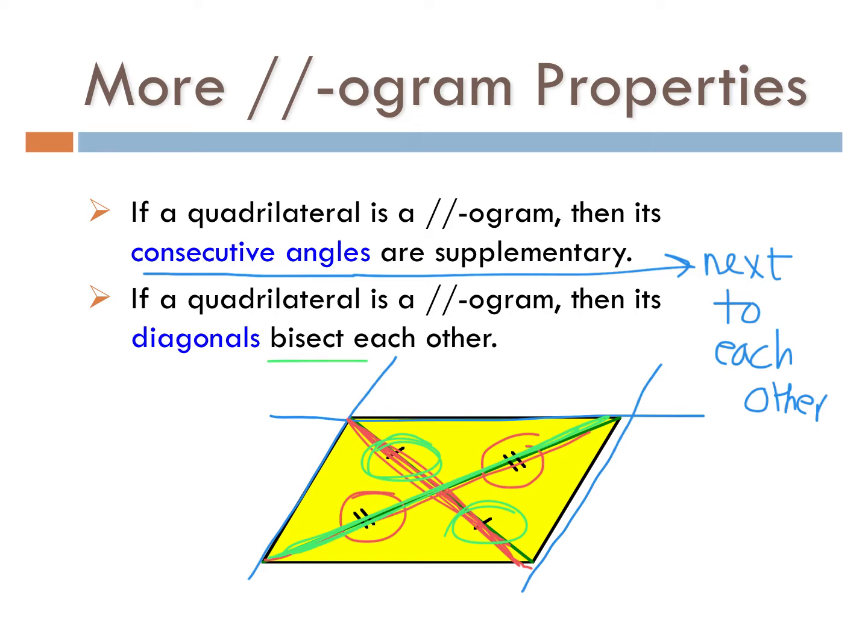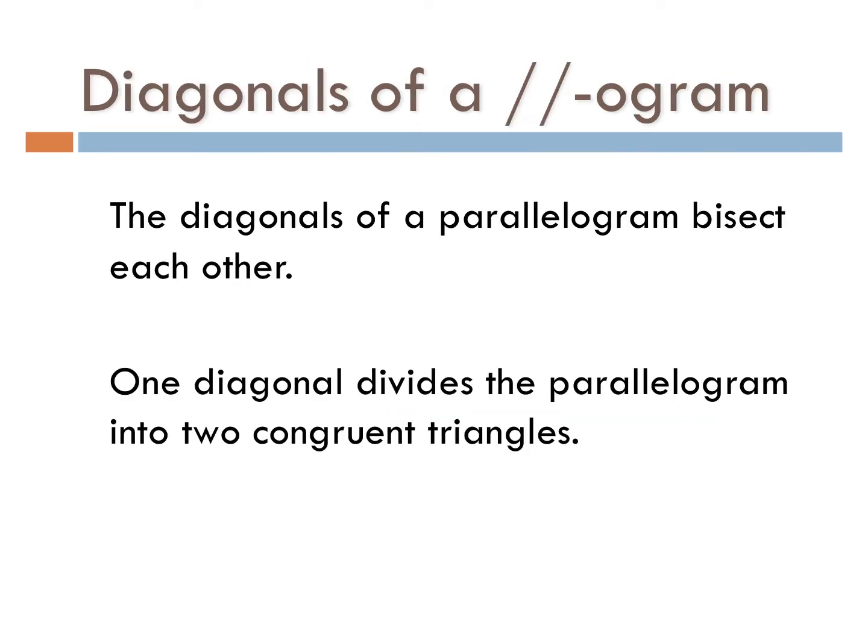They bisect each other. So the two properties here, the diagonals of a parallelogram bisect each other, we just said that, and the one diagonal will split these into two congruent triangles. So if I was to draw in just one diagonal, let's say it goes right there, these two triangles would be congruent.